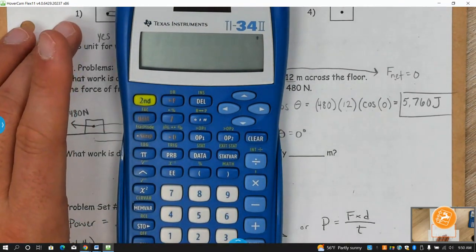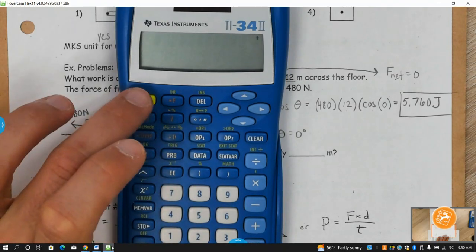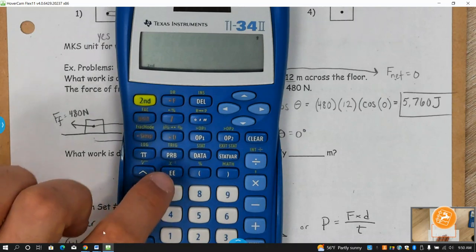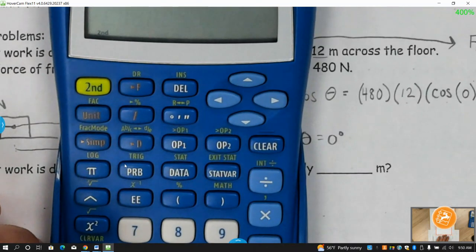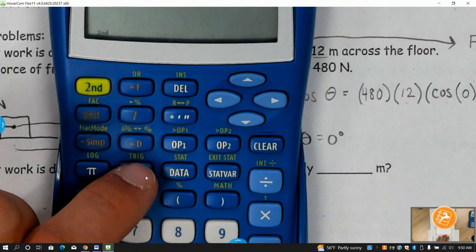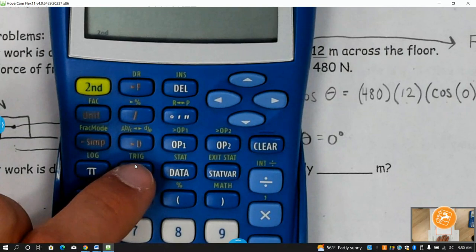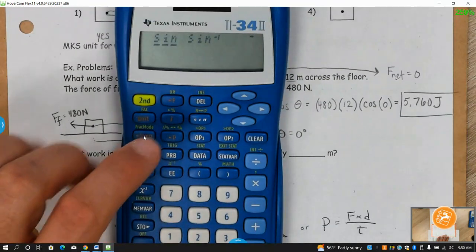Start off by going to your trig function, so that we don't mess up right off the rip. So cosine of 23. You have to hit second, this button where you have PRB, which has trig above it. When you hit second, it's going to bring up all the trig functions.